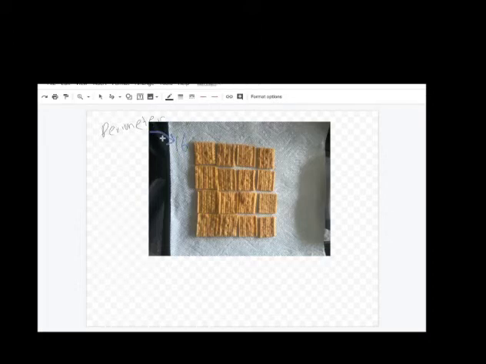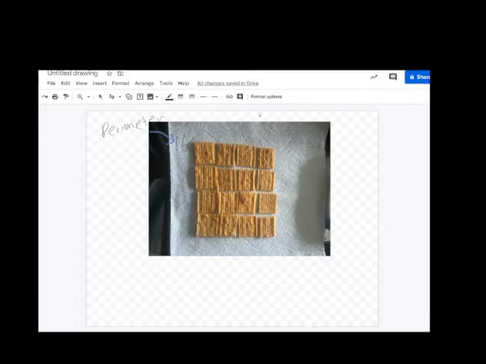Pretty cool? I thought so. Okay, well, that's great. The perimeter is 16 units, but I want to know, what's the area of this shape?